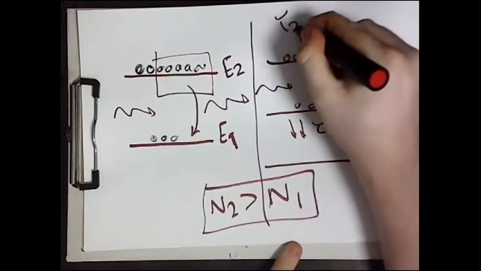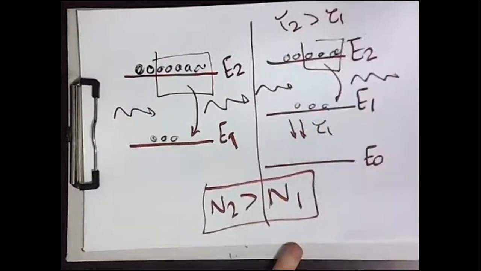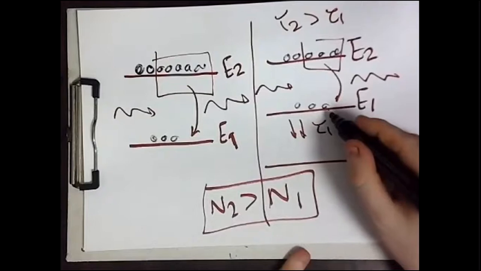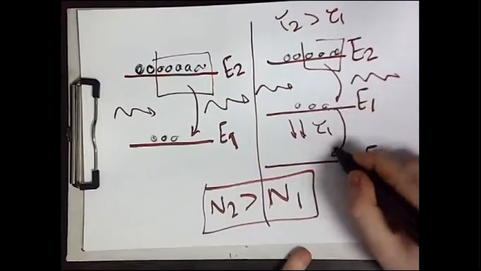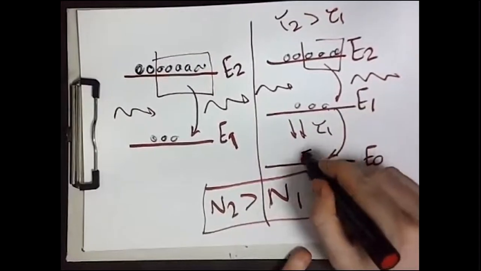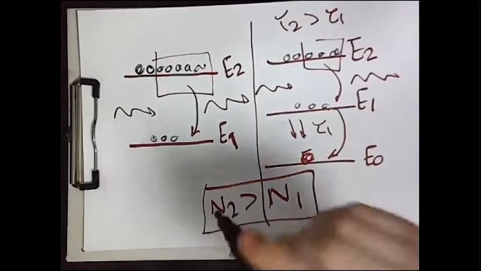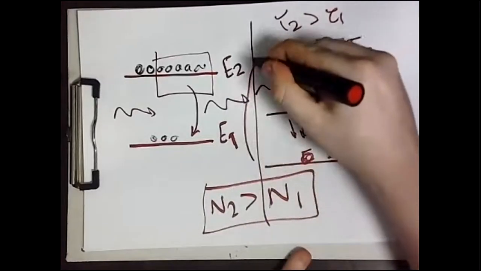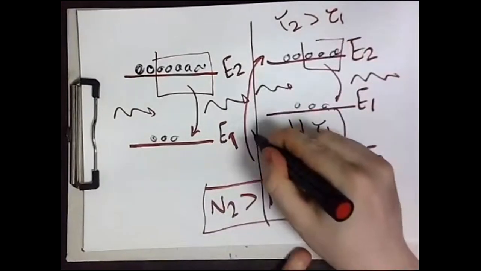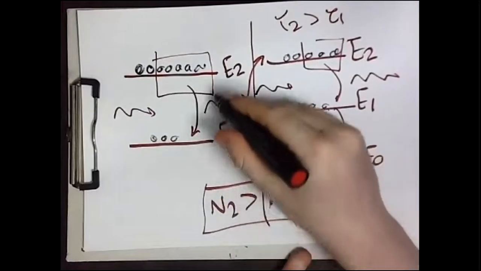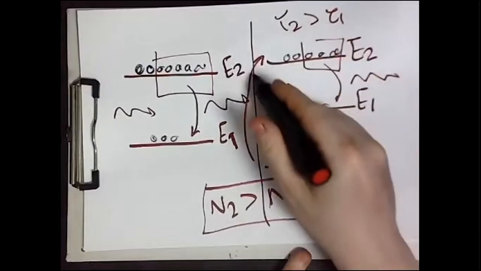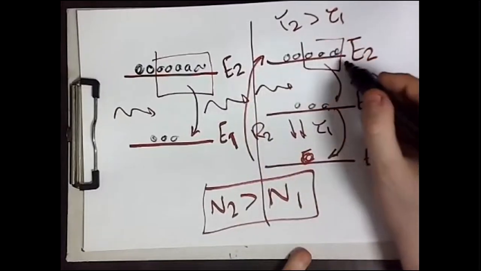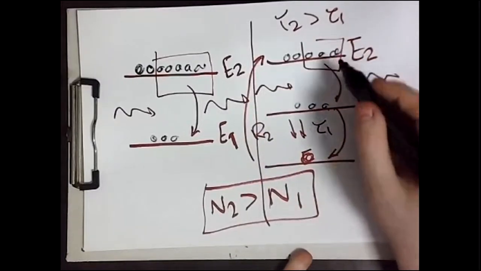Remember, tau2 is greater than tau1. So once these electrons reach E1, they will instantaneously go back to E0. Then, don't forget, you have an injection rate, which is R2, which will inject electrons back to the energy level E2.